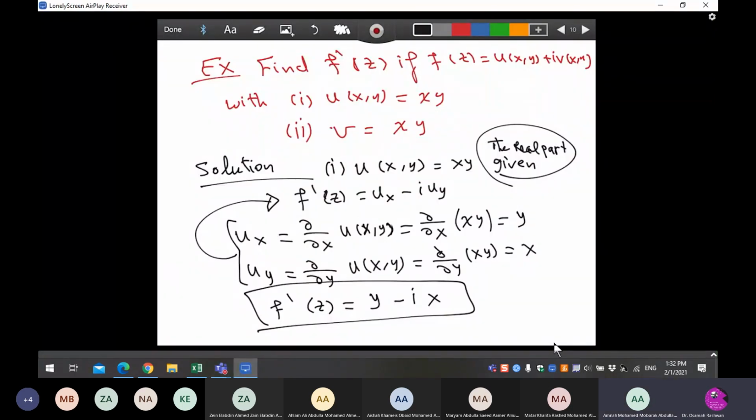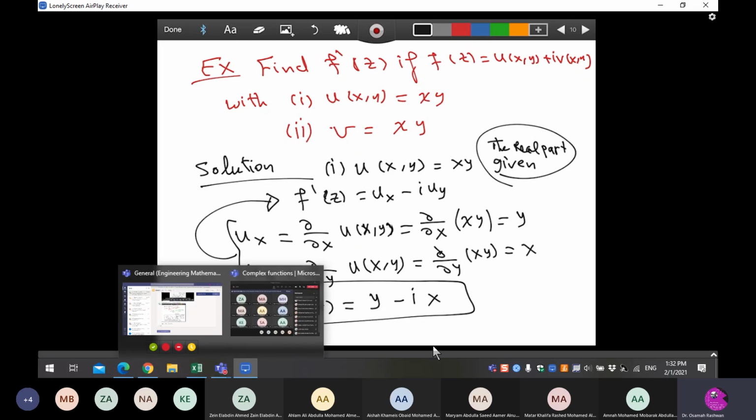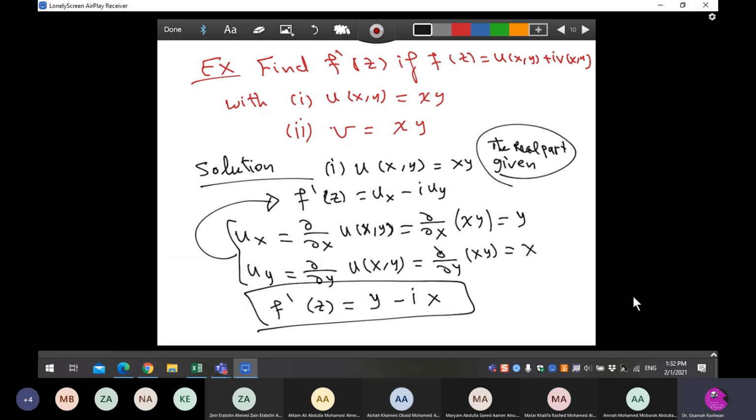I forgot the i. And take a screenshot of this one also, just to have a complete note. In the second part, you are given the imaginary part.